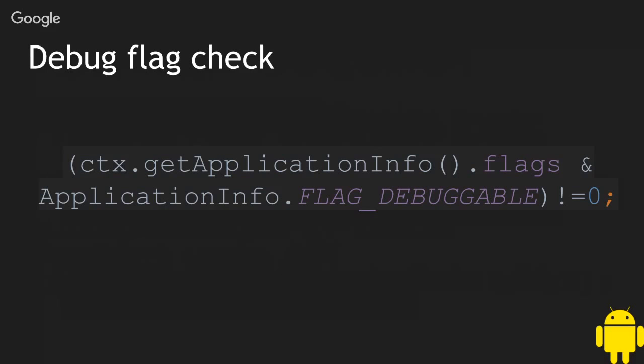Then you can check whether your application has the debug flag enabled. If you publish an application on Google Play and it has the debug flag enabled, this means that something wrong is happening because you publish a production version.